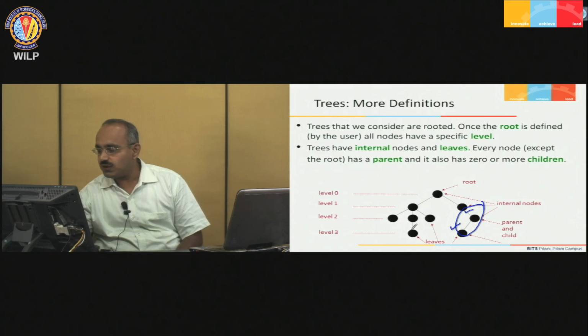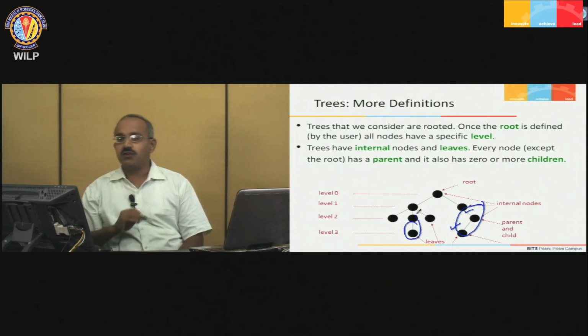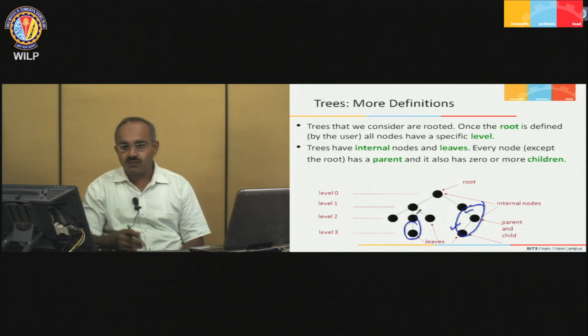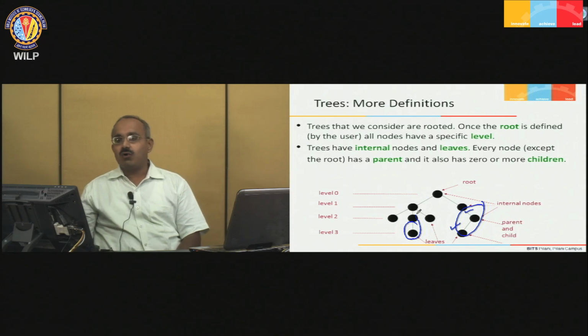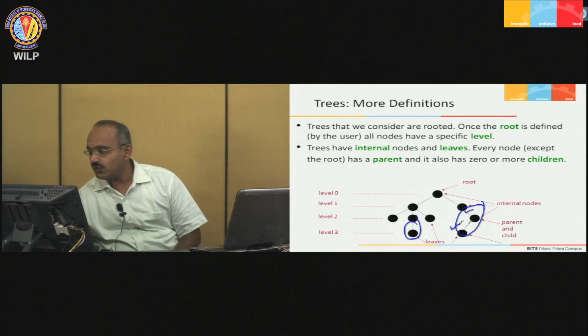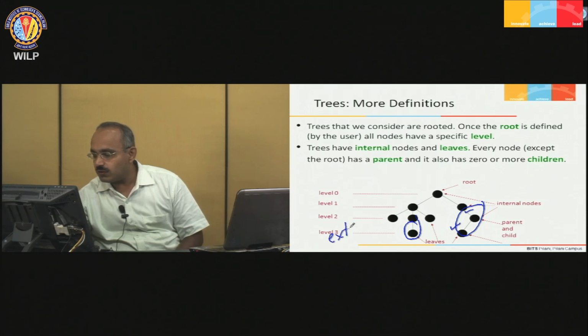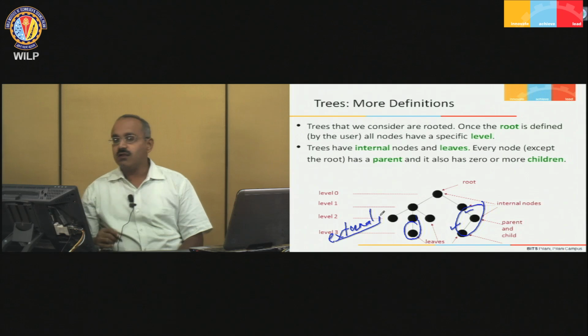Also nodes which are at the bottom of the representation or which do not have anything below them will be called external nodes or leaves. So we will call these leaves, or we call them external nodes, unlike internal nodes.